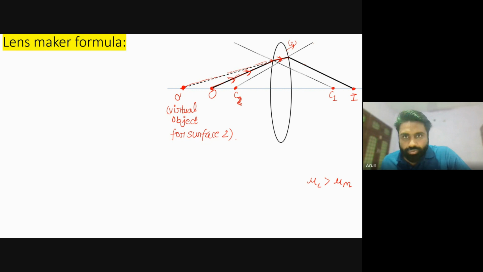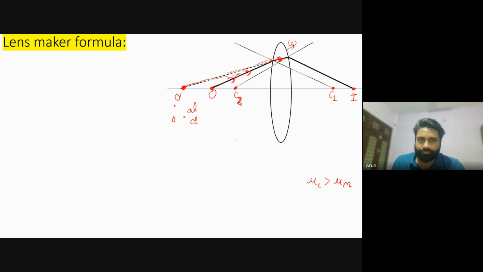But for surface 2, because this ray has bent towards the normal, it would appear to be coming from this point. So this O dash behaves as the virtual object for the second surface. Okay, got it?